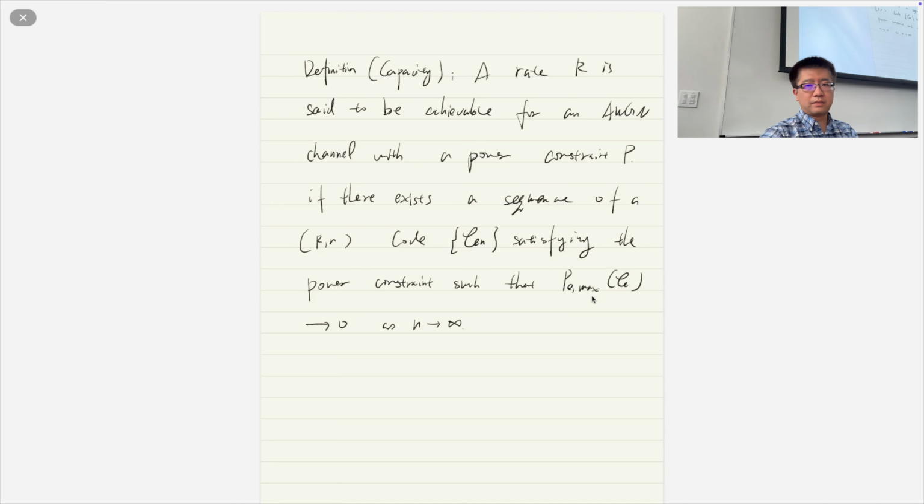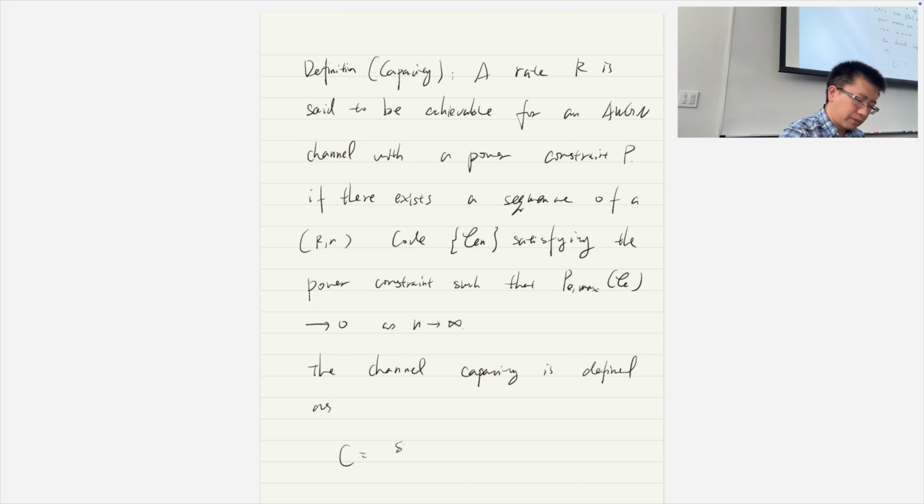Right, so that's the maximal error probability. We have seen that before. Then the channel capacity is defined as C equals the supremum of R, where R is achievable. So you can see the emphasis here is that we have a power constraint P. Everything else will be pretty much the same as before.